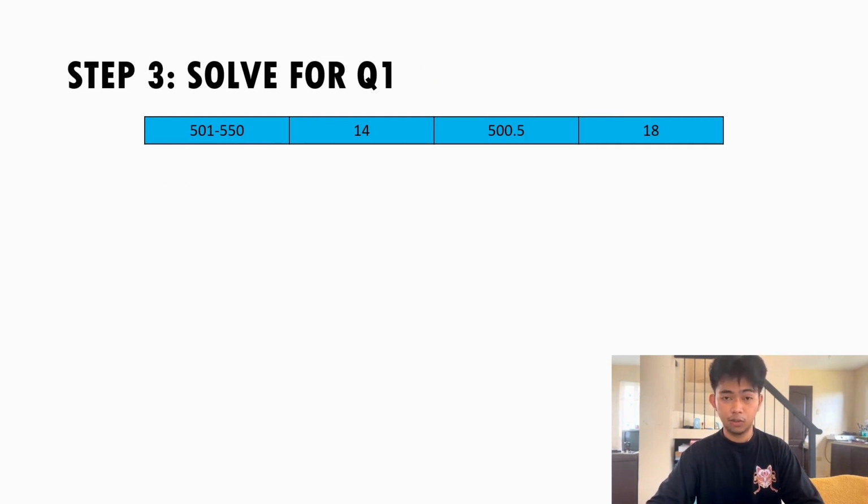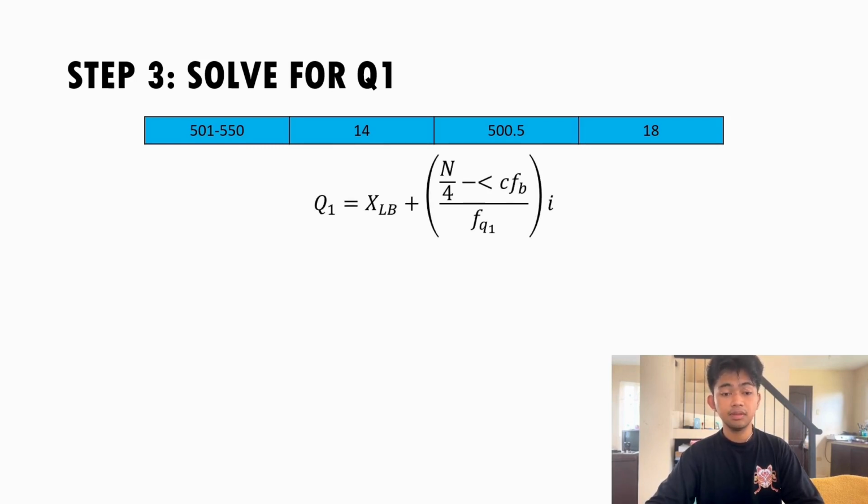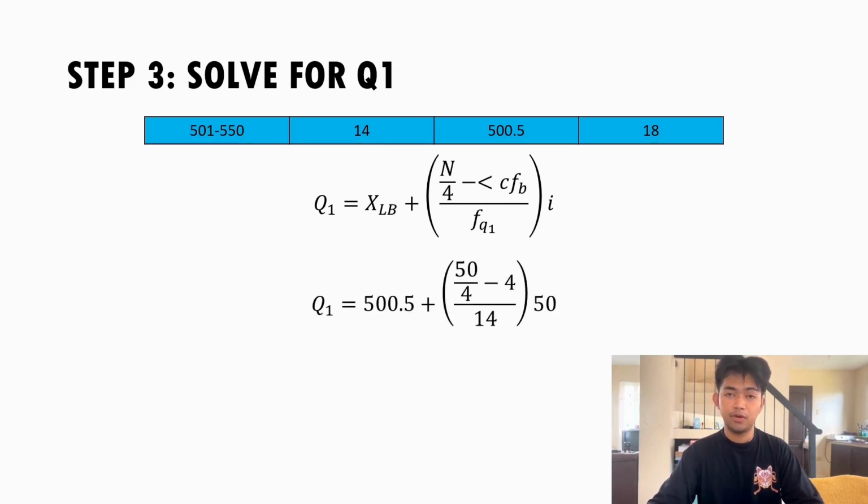So solving for Q1. Q1 is equal to the lower boundary plus n over 4 minus less than cumulative frequency over the frequency of Q1 times the interval. So as you can see here, our lower boundary is 500.5 plus n is equal to 50 over 4 minus the less than cumulative frequency equals to 4.